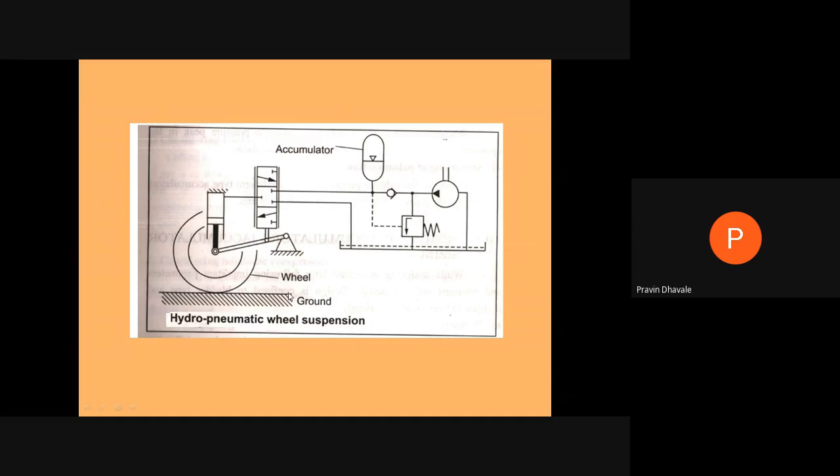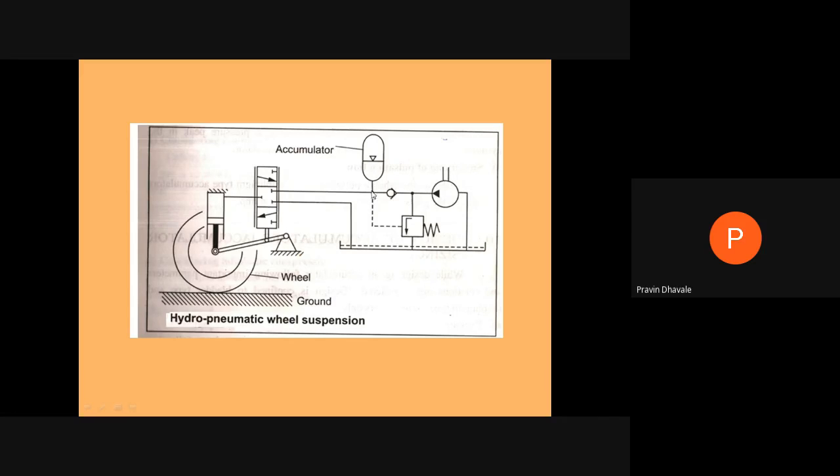As the vehicle is moving on the road and passing over a speed breaker, at that time the wheel will get jammed, and whatever jerking action is produced because of the wheel will be neutralized by this suspension cylinder, and we are not getting any kind of jerk while traveling in this car as a passenger. This is a hydro-pneumatic wheel suspension system where we can use the accumulator.